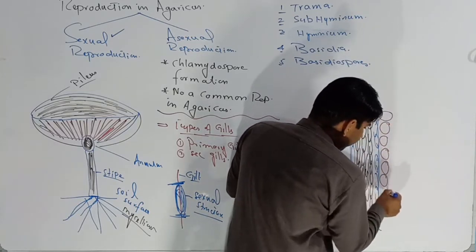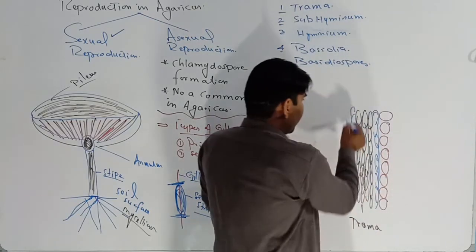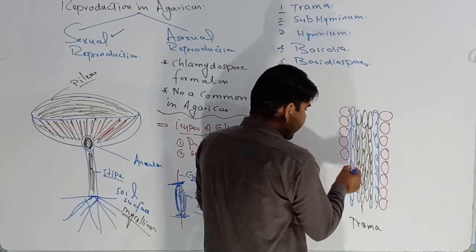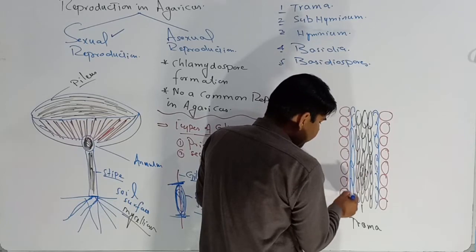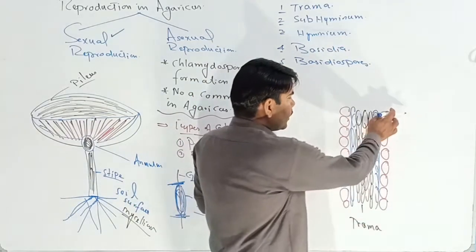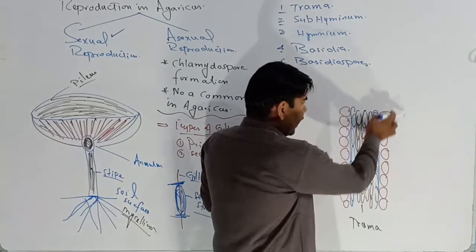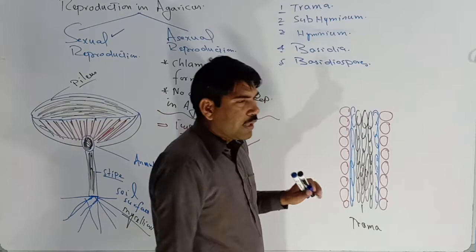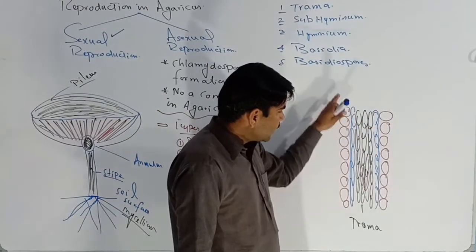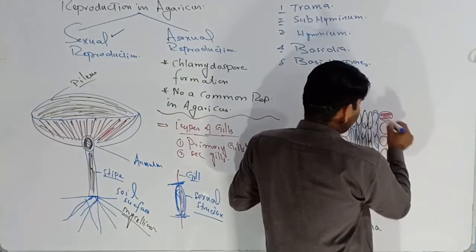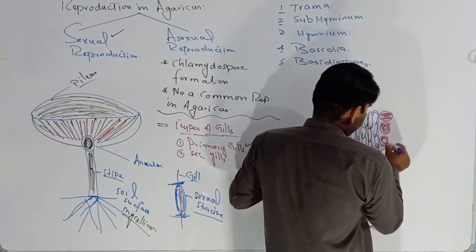These cells make a chain of cells on the peripheral side of trama, on each side of trama. So this one is a trama, and this one is a layer. This one is also a chain of cells, and this chain of cells present on both sides is known as subhymenium.